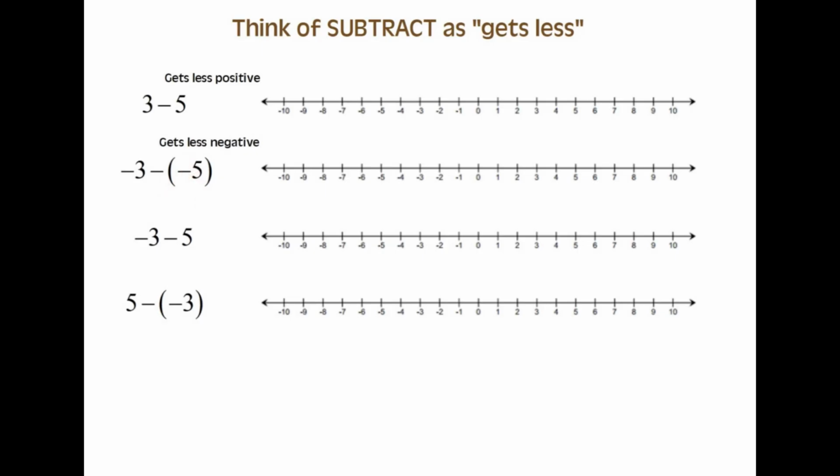I know that sounds weird, but think about it this way. If your mom tells you to be less negative or to get less negative, what is she telling you to do? Is to be more positive, right? Okay, so having fewer negatives means you're actually going positive.